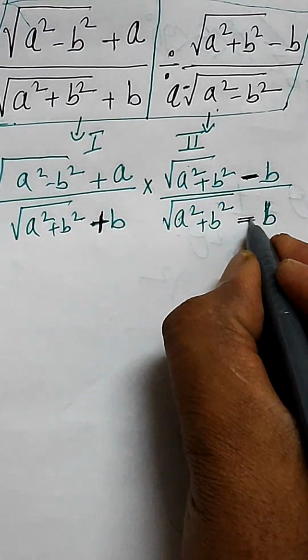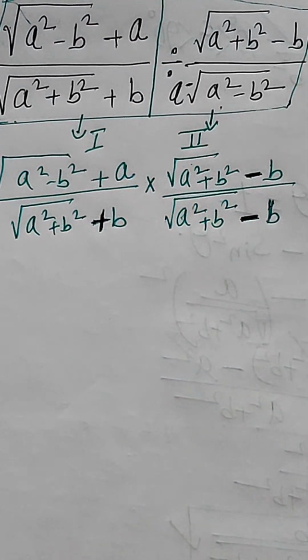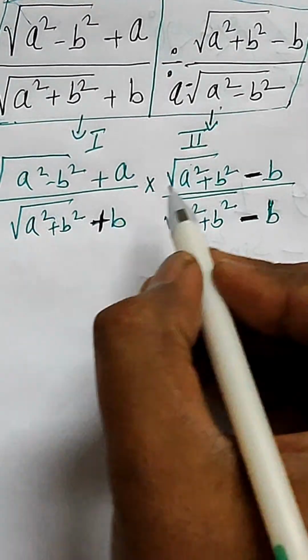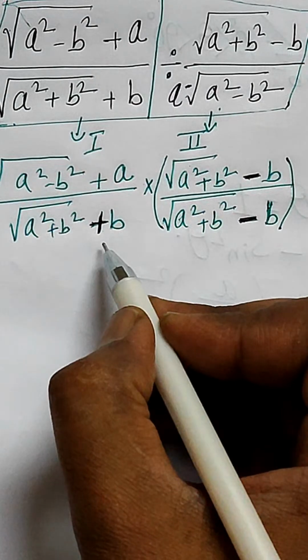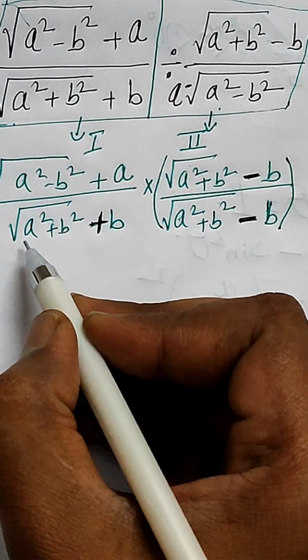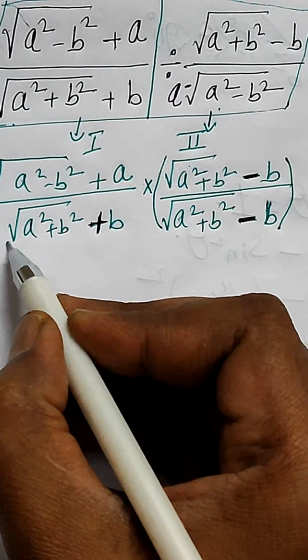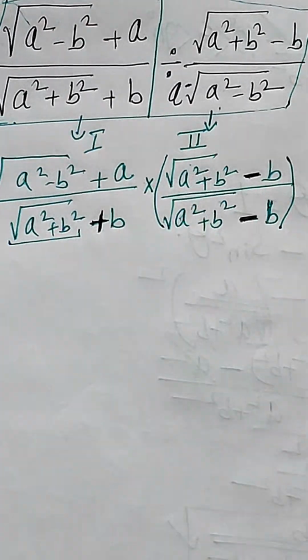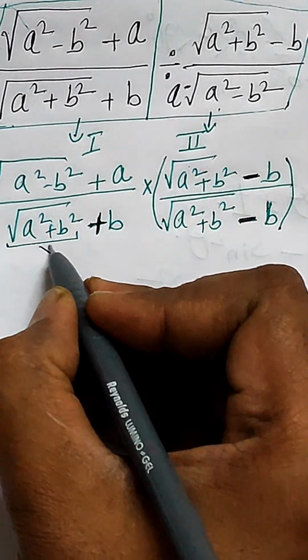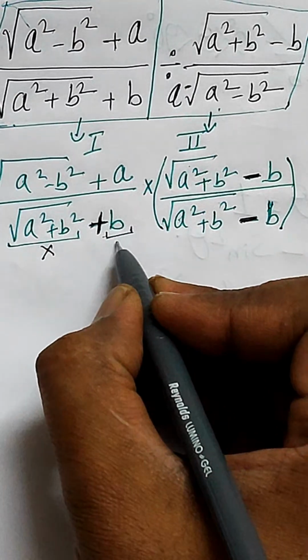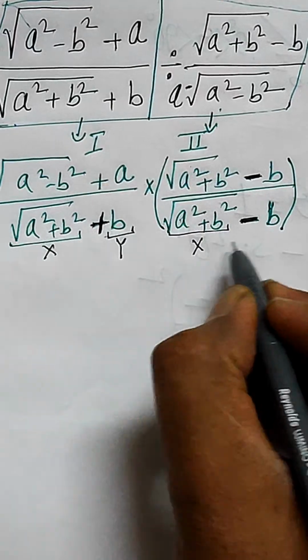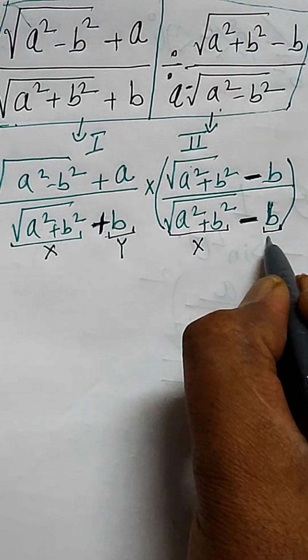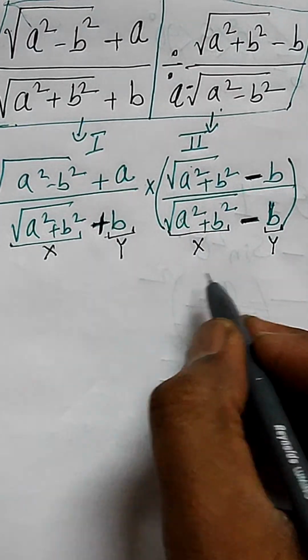And what are the benefits, let us see. Since we have written it like this, you can see the denominator is in the form of, if this is x and this is y, then this is x plus y and this is x minus y. Why am I writing x and y?